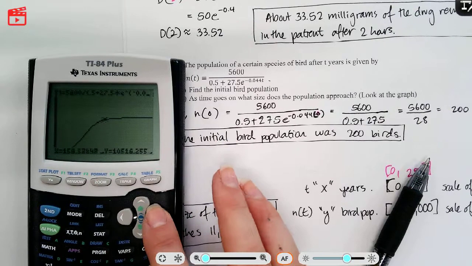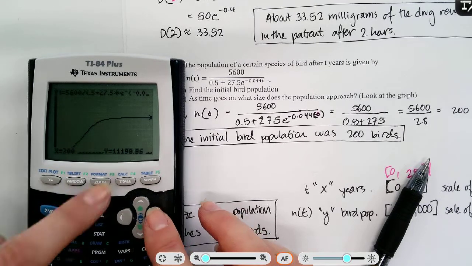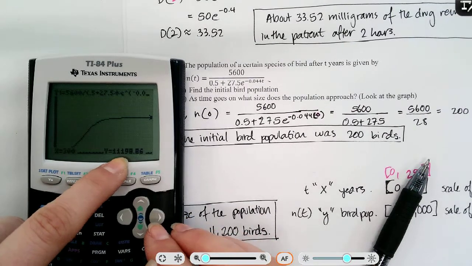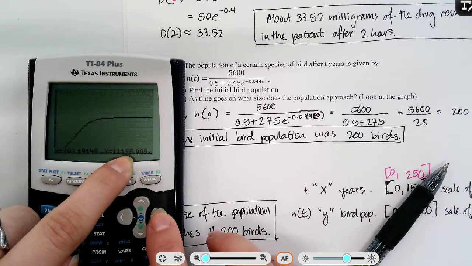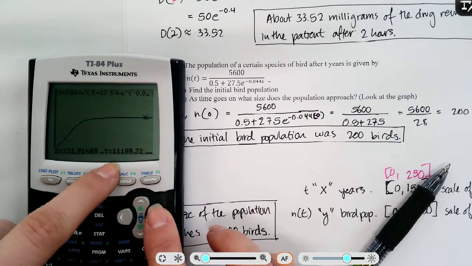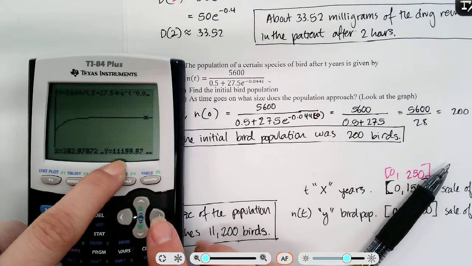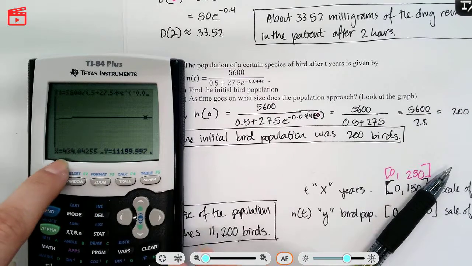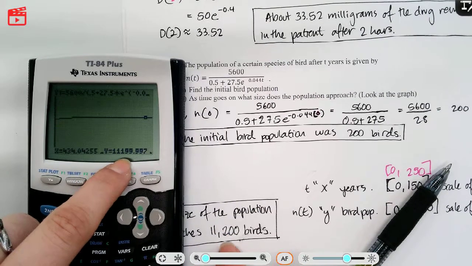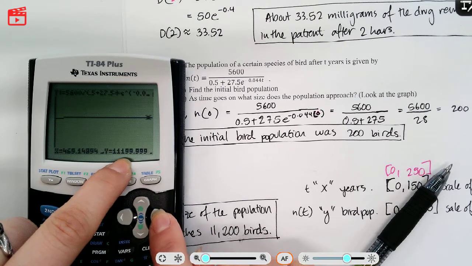When we trace it, see, no matter how far I go, it's not even hitting 11,200 yet, and I've been going for many, many years. Look at that, 434 years, and it still hasn't hit 11,200. You could still go farther right.